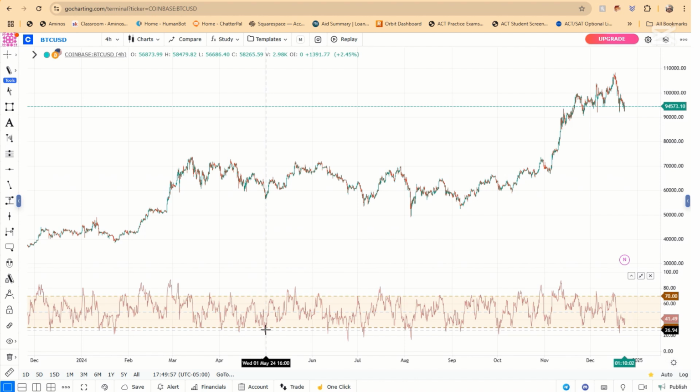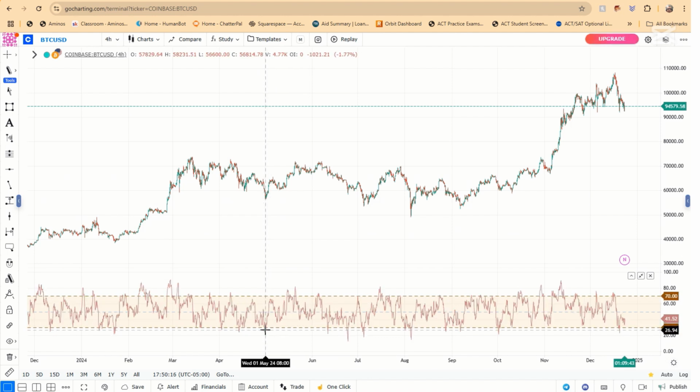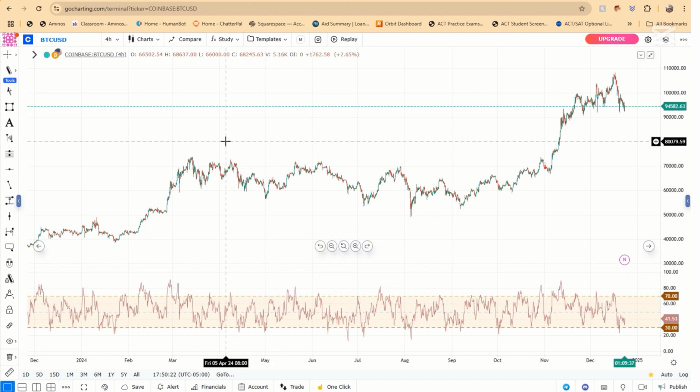You can see it on the screen, that little line going up. So it tells you exactly where things are happening. So it's down here at 30, which is after it's dropped. That's an indication to us that we probably want to start buying, because most likely if it's oversold, people are selling like crazy, and people are going to start buying it up again, right? That's just how the markets work. It goes up and down, up and down, up and down.